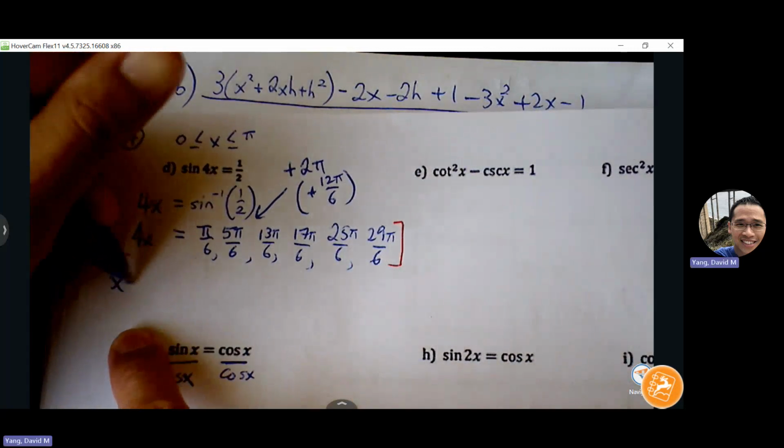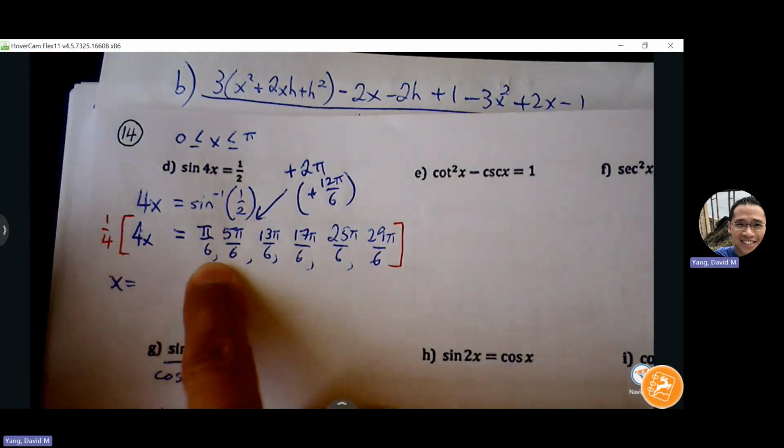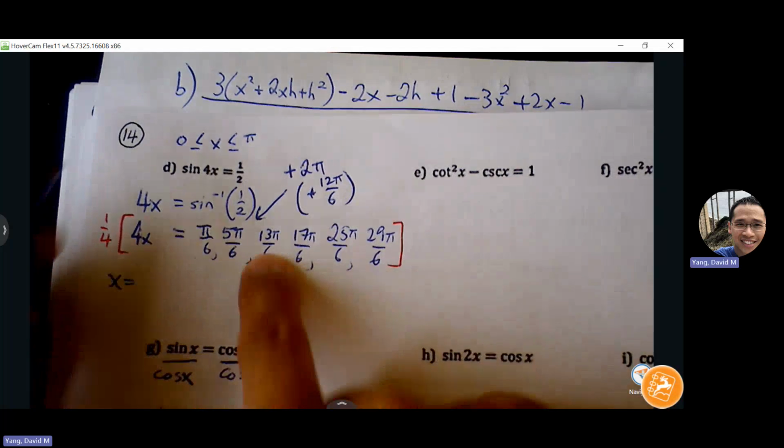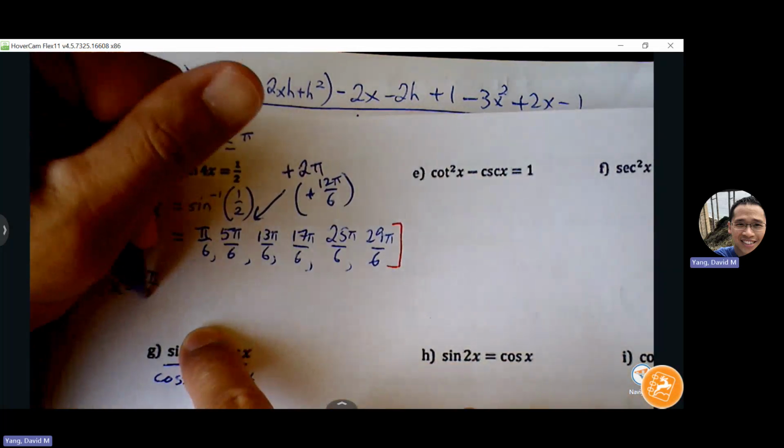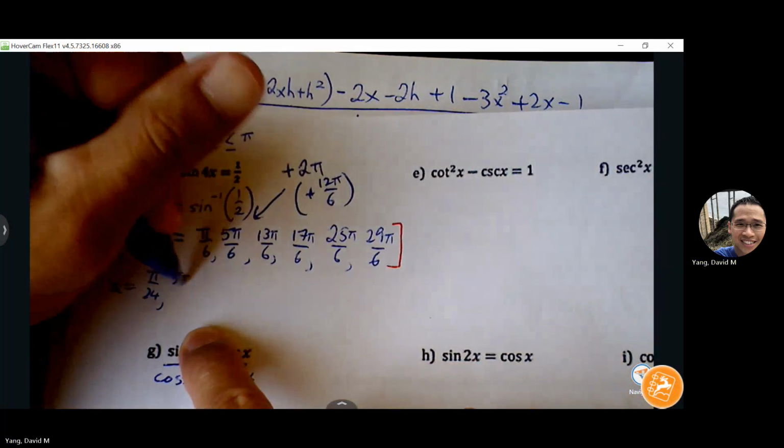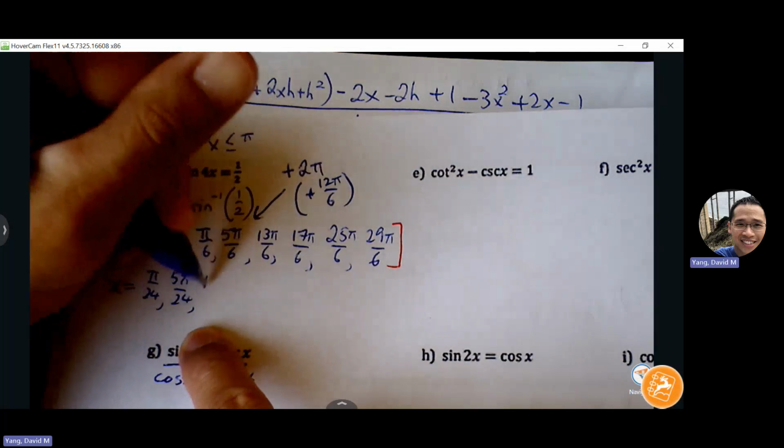So then x equals, the 4's cancel out. So multiply all my denominators by 4, I get pi over 24, 5 pi over 24.